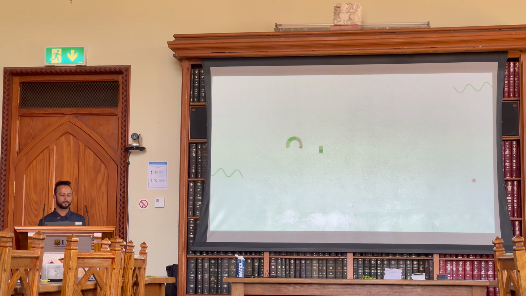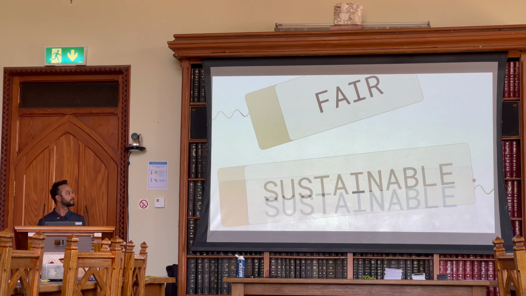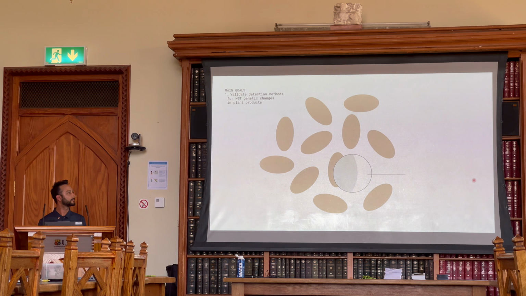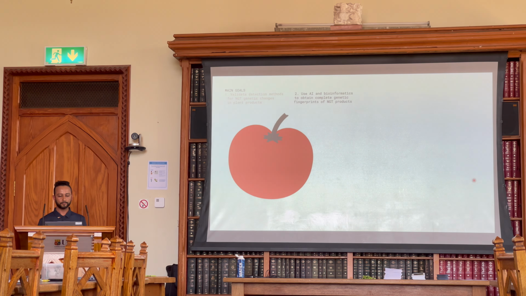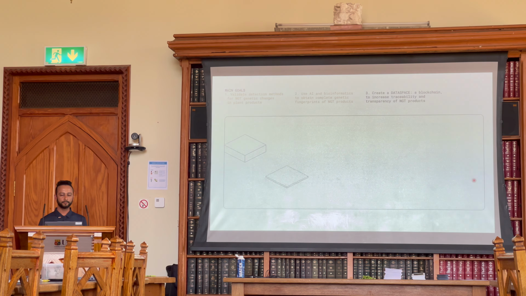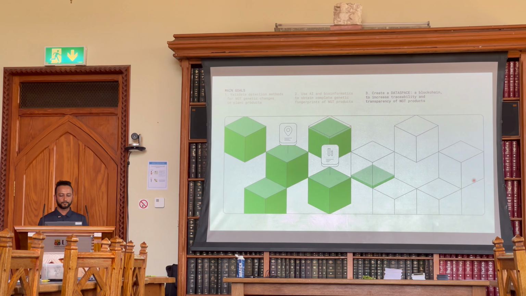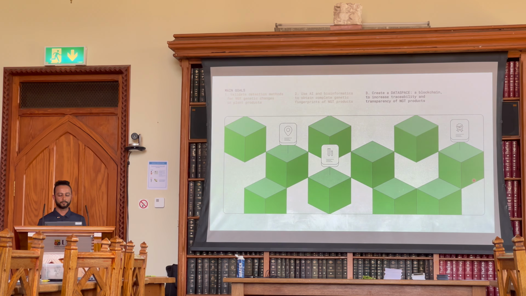Darwin is an EU-funded project that aims to create more sustainable and fair food systems through 3 main goals. 1. Validate detection methods for NGT genetic changes in plant products. 2. Use AI and bioinformatics to obtain complete genetic fingerprints of NGT products. 3. Create a data space, a blockchain, to increase traceability and transparency of NGT products.